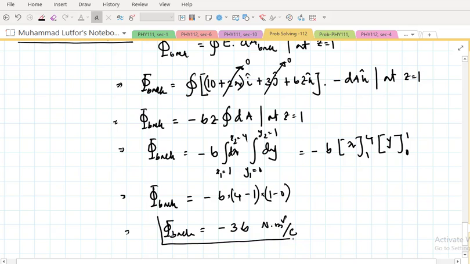So that would be my flux for the back surface.